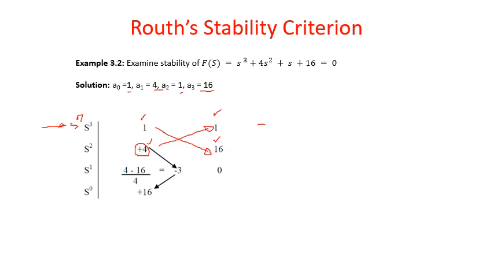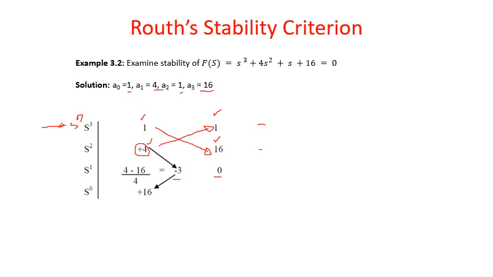So that has to be filled here, minus 3. Then we go to the next column. When we see here, we don't have any terms, so it will be 0. So the S1 row is filled with minus 3 and 0.